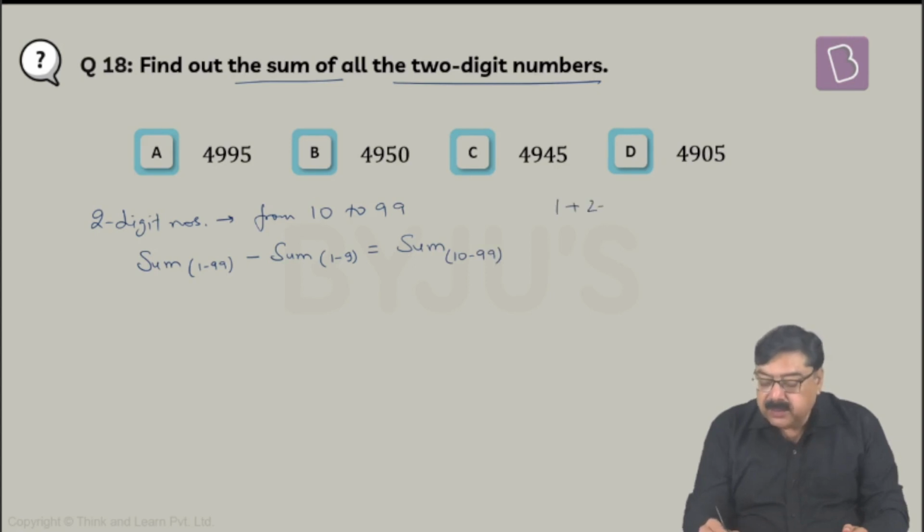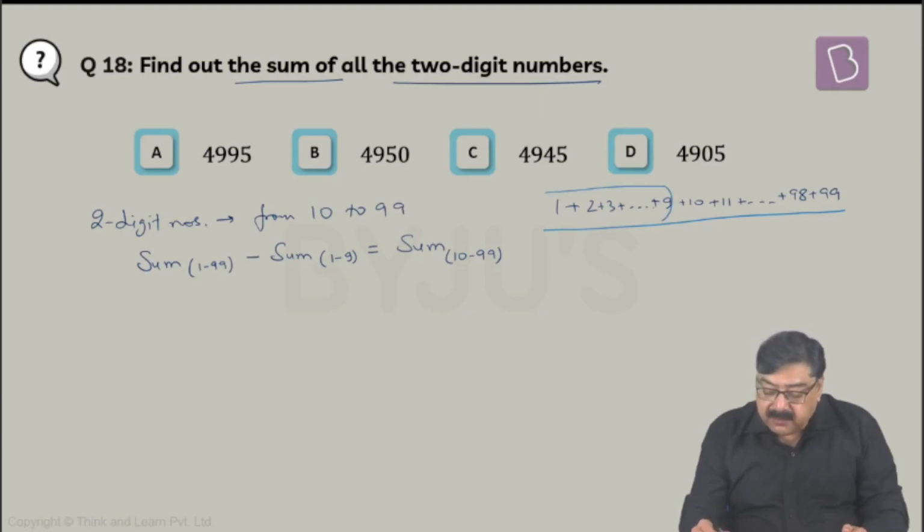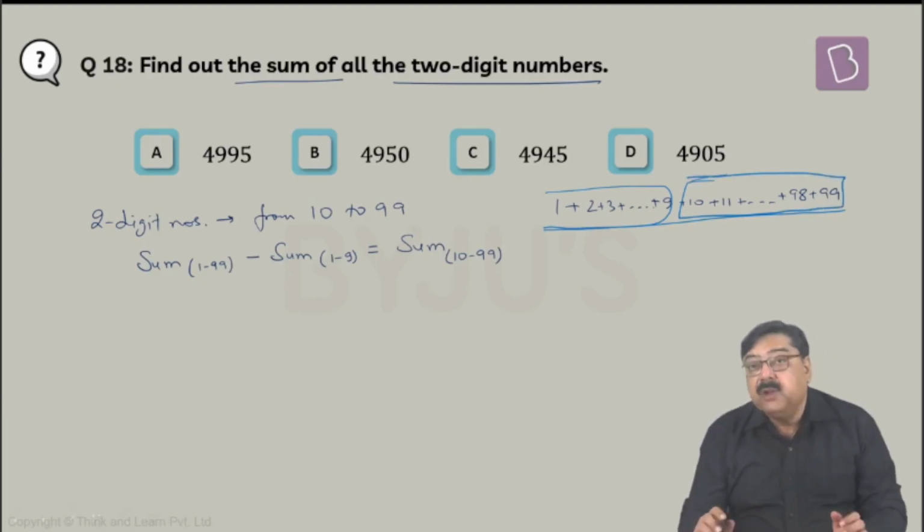Now see here, 1 plus 2 plus 3 up to 9 plus 10 plus 11 up to 98 and 99. So first we shall find the sum of all the numbers from 1 to 99, from which we will subtract the sum of numbers from 1 to 9, and the remaining amount shall be the sum of all the 2-digit numbers, that is from 10 to 99.